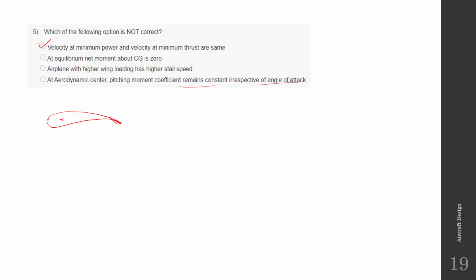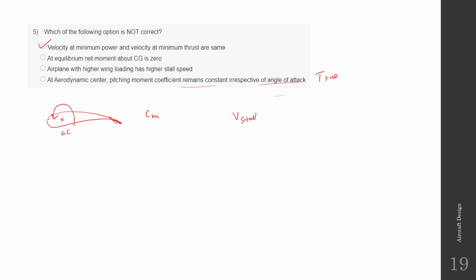If this is the aerofoil and this is the aerodynamic center, then the pitching moment coefficient, which is Cm, is constant irrespective of the angle of attack. So this is true. The third option: the aircraft with higher wing loading has a higher stall speed.